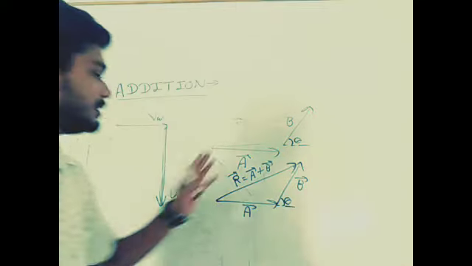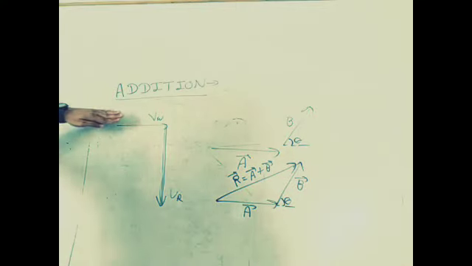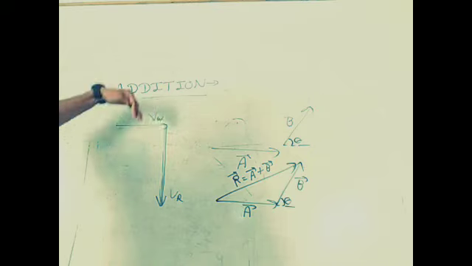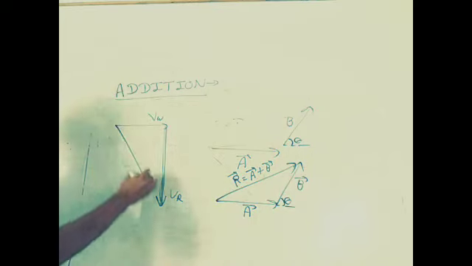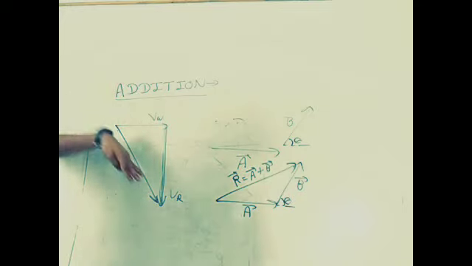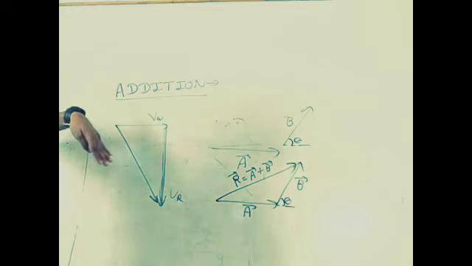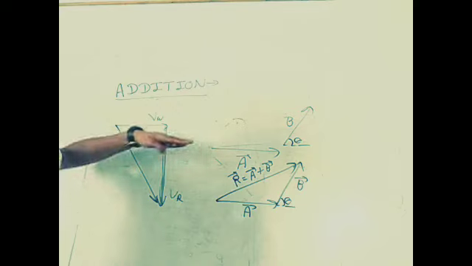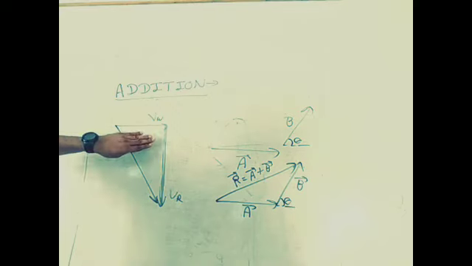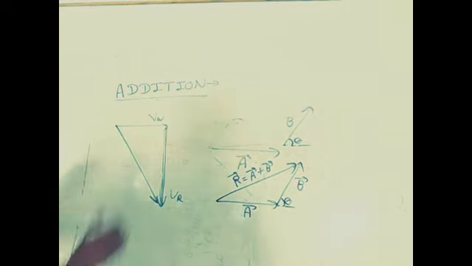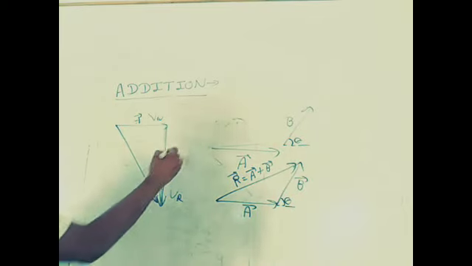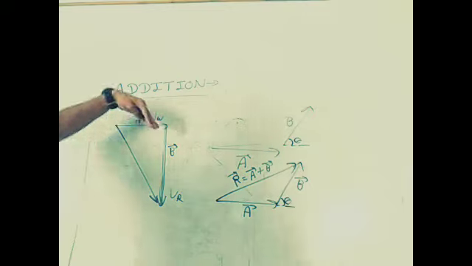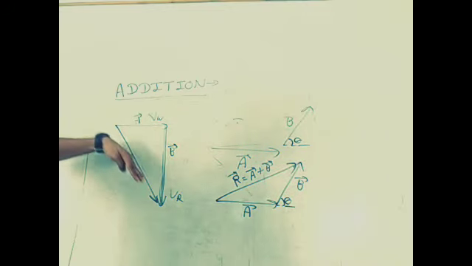When wind starts to blow and rain is falling vertically downward, then we observe that the velocity of rain is in this direction. Rain starts to incline towards the direction of wind, and we can apply the triangle law here. First vector is A, velocity of wind. Second vector is B, velocity of rain, and this closing vector shows the resultant.